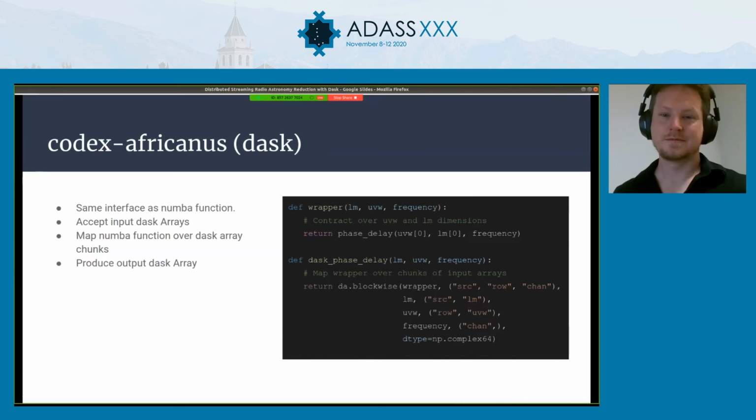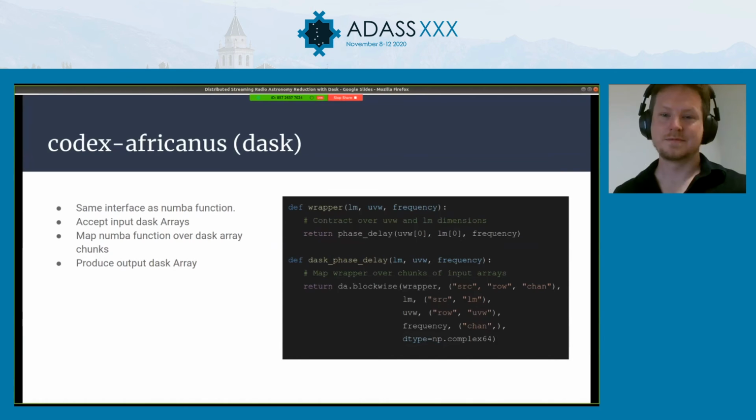Then one implements a Dask wrapper around these numba functions that has exactly the same interface as the numba function. So you can see this Dask phase delay function takes LM, UVW, and frequency, and it's taking these arguments as Dask arrays.